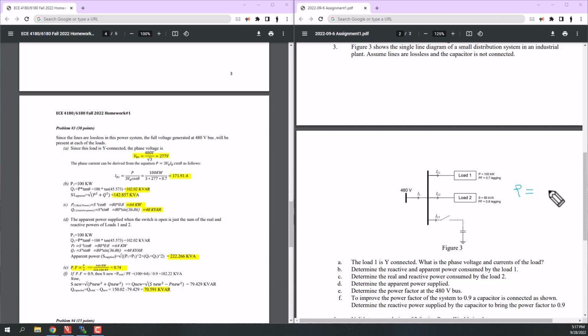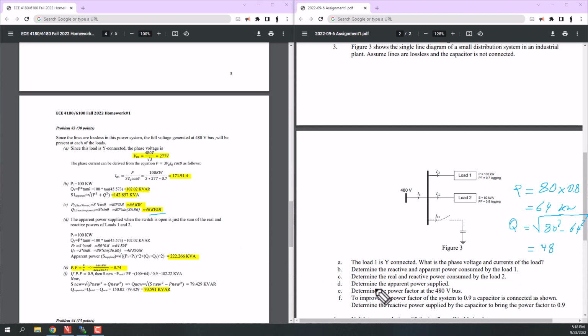So for active power, we can obtain P by S multiplied by 0.8, which gives us 64 kW, and the reactive power would be root square of apparent power square minus 64 square, which gives us 48 as we have here.